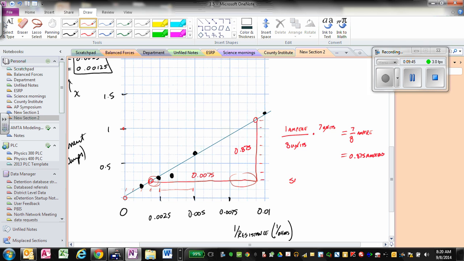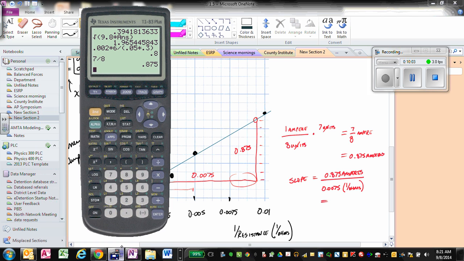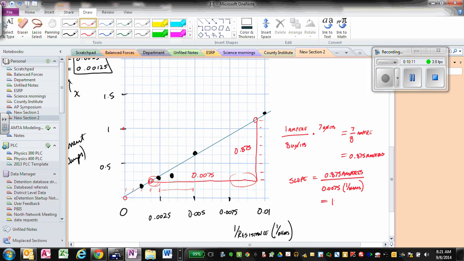We can now calculate the slope. We get a slope of 116.7 amperes over 1 over ohms.